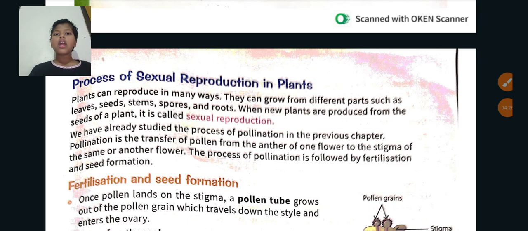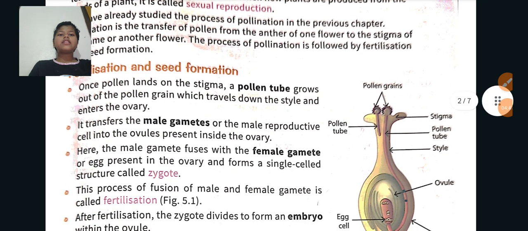We saw how pollination occurs, how seeds form, how the pollen grains get into the stigma and through the style, and all the magic happens there. Now let us see fertilization and seed formation.